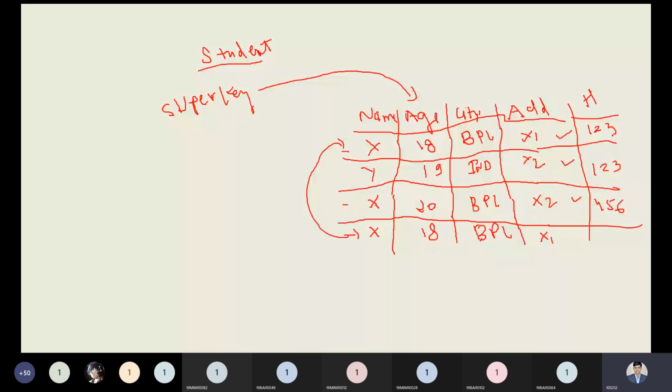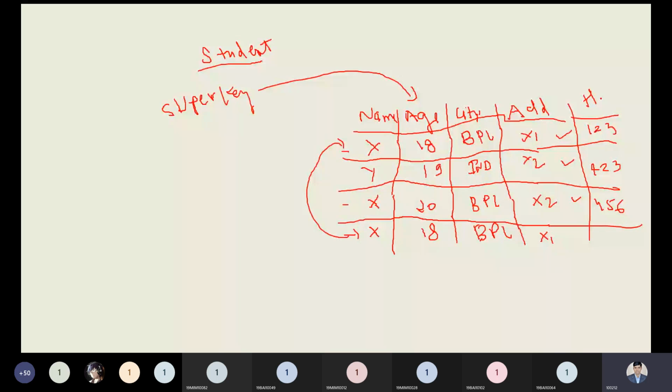Before putting anything in, we can say the hostel attribute will be unique. Just suppose we have 423.